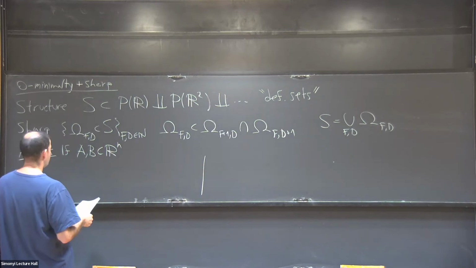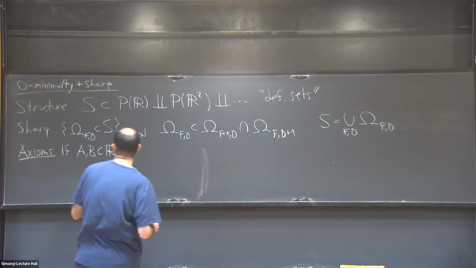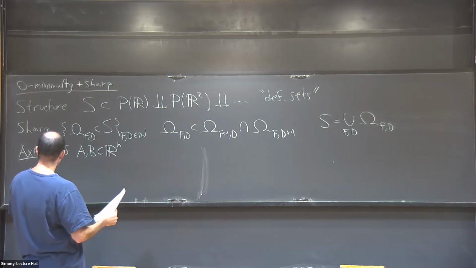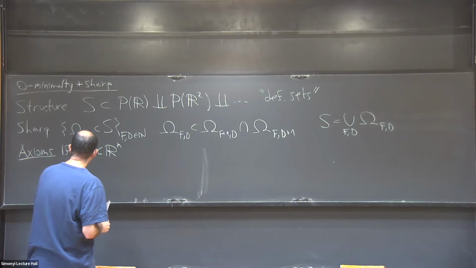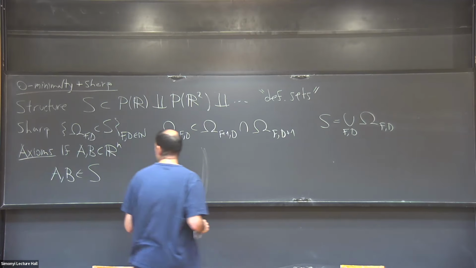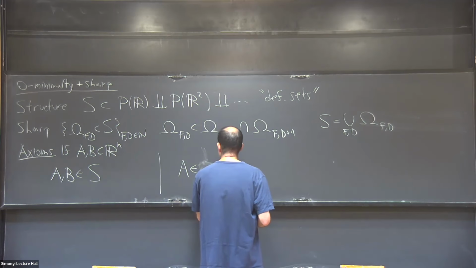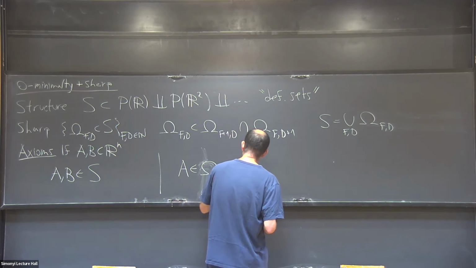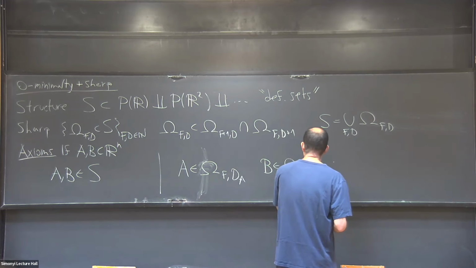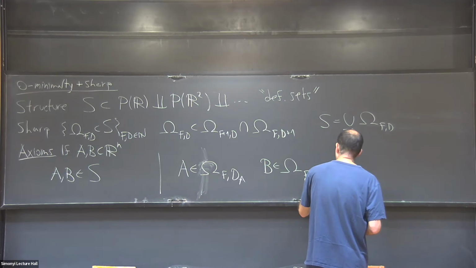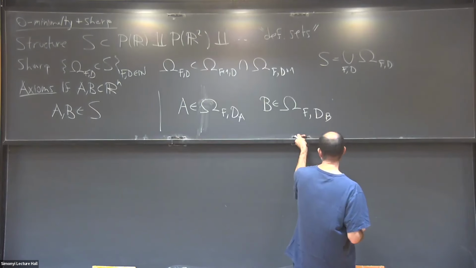In the structure case, I just assume that A and B are in my structure. But in the sharp case, I assume that A is in Ω_f with a certain degree, and B is in Ω_f with some other degree. Now I can state the axioms.